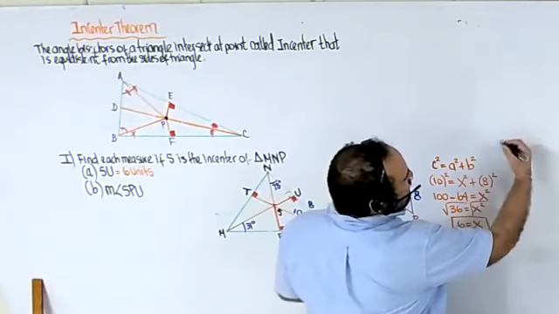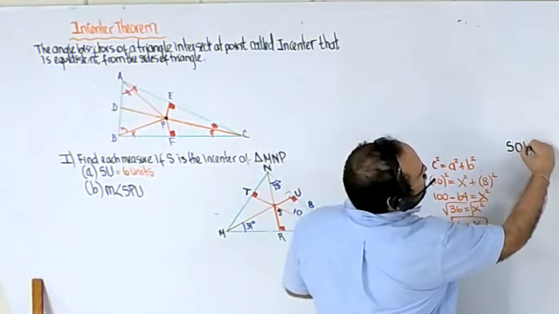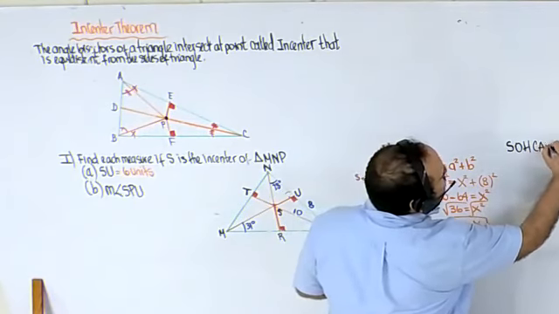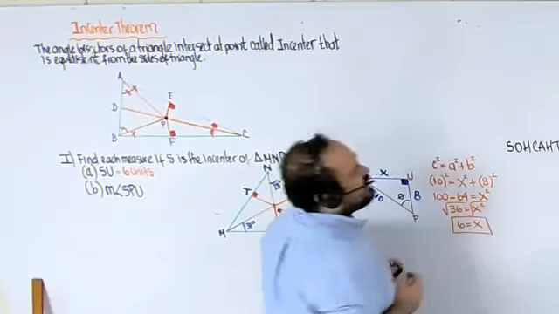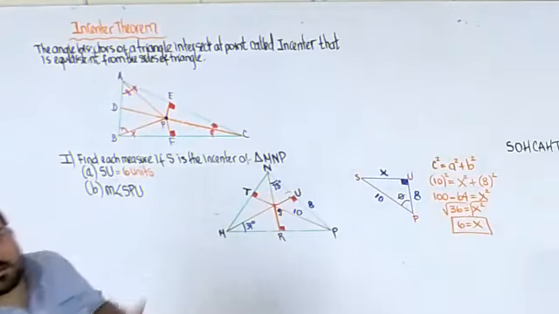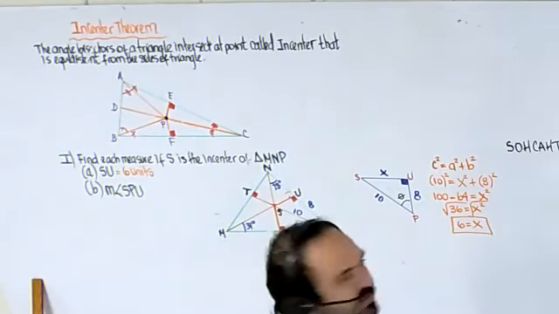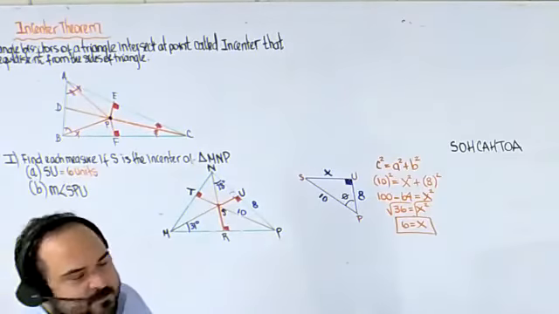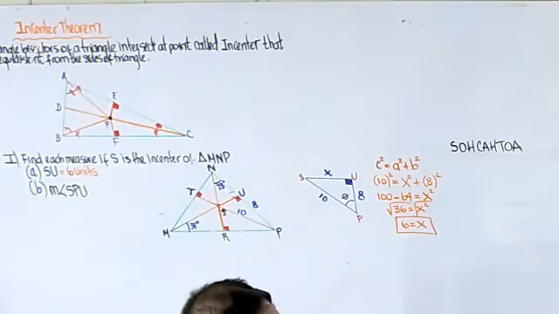Remember, using the anagram word, SOH CAH TOA. So SOH CAH TOA, we learned these trigonometric ratios last year in Algebra 1. So S, C, and T, what does that mean?